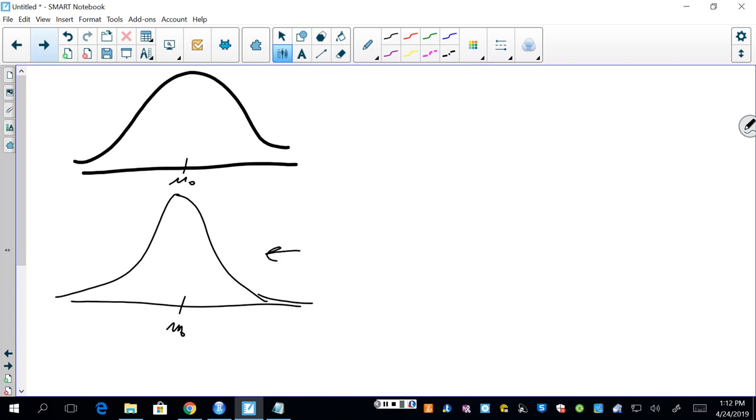And so this one's narrower is the point. So sigma is smaller. You can adjust the process so that it doesn't produce. So you get a more sophisticated scale, right? So you're measuring weight, right?